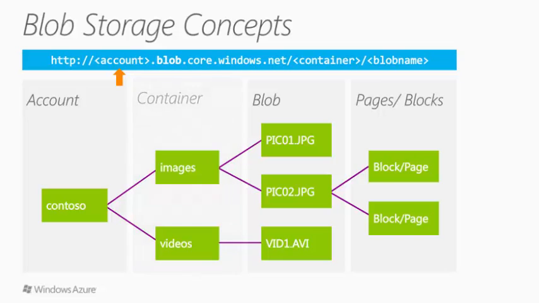Then your container name goes here, and then your blob name goes here. So you can easily create this URL even without calling the Azure Blob service if you know the appropriate account name, container name, and blob name. And of course, if you have the required permissions, you will be able to access this blob using this URL.